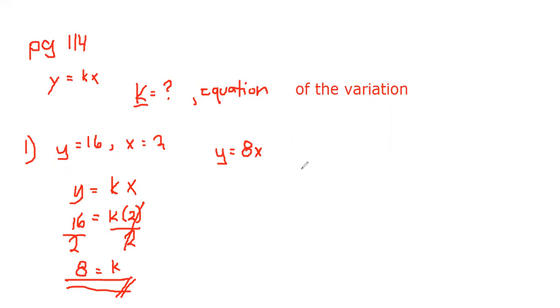So this will be the equation of the variation. So meron na tayong constant of the variation, which is K equals 8, and the equation of the variation is Y is equal to 8x. Okay? So, yun yung constant of the variation and the equation of the variation. Naunawaan?